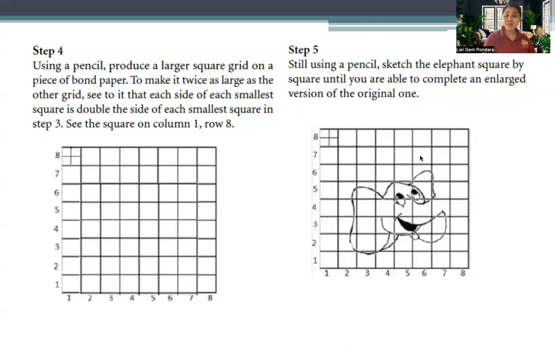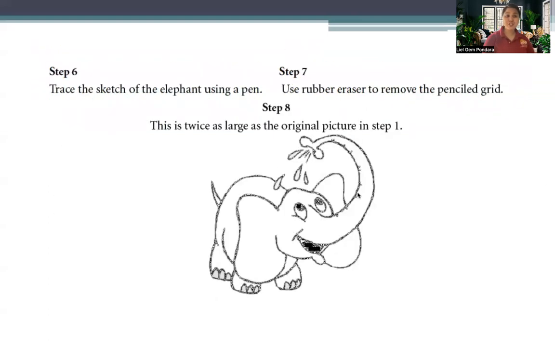Then, after finishing your sketch, you need to trace the elephant using the pen to make it permanent. Then, after drawing them with a pen or any marker will do, you use a rubber eraser to remove all the pencil grid, so no more boxes. In your last one, your output is twice as large as your original picture.